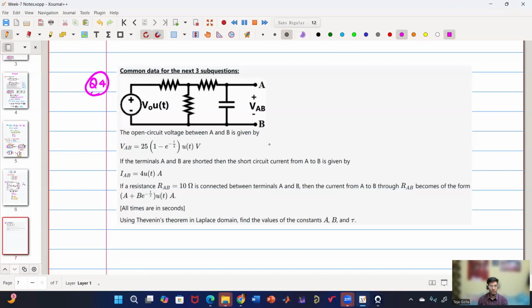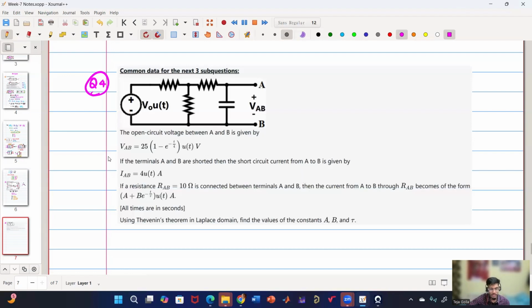So the open circuit voltage between A and B is given by VAB, and if the terminals are shorted, then the short circuit current is given by IAB. Now they're asking if we connect RAB there, what will be the current through RAB? And they're saying Thevenin's theorem in Laplace domain should be used. So what is Thevenin voltage here and what is Norton current here?